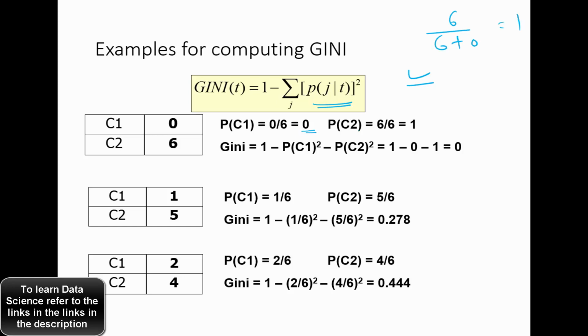So Gini is 1 minus the probability of C1 squared minus the probability of C2 squared, which is 0. That's a very good Gini, close to 0 is better. Here, calculating similarly, it's 1 by 6 and 5 by 6, so 1 minus (1 by 6) squared minus (5 by 6) squared, and it comes out to 0.278.